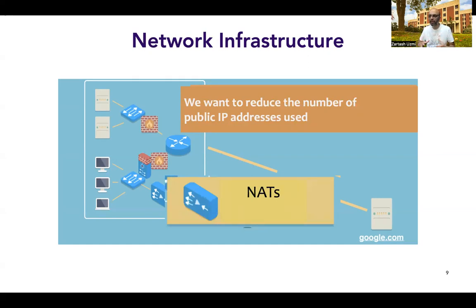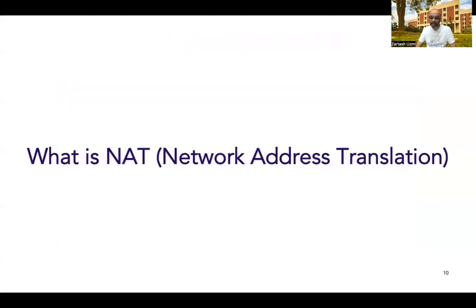All the host traffic from within the campus is concentrated and passes through this NAT box, which translates all these different 5,000, 6,000 IP addresses into one single IP address. And somehow it knows that when the response comes back, it would direct the response back to the right sender.